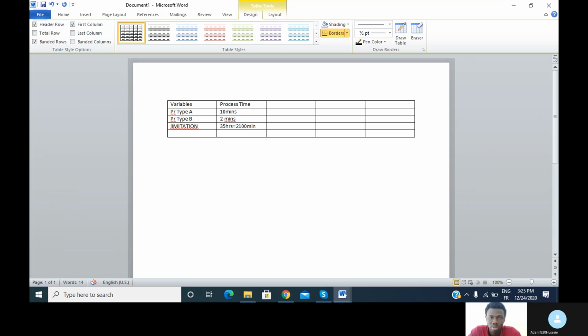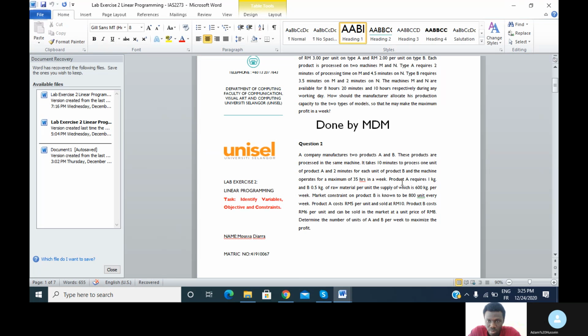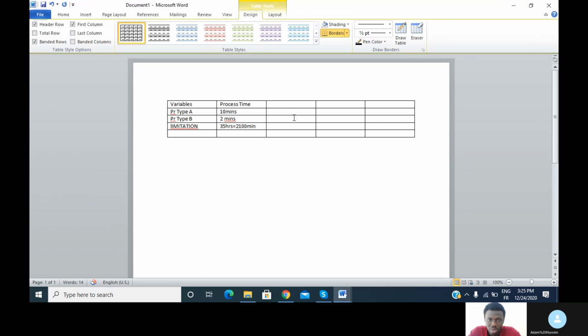And also we have product A requires 1 kg and B requires 0.5 kg of raw materials. So for the raw materials, this one product is 0.5 kg.